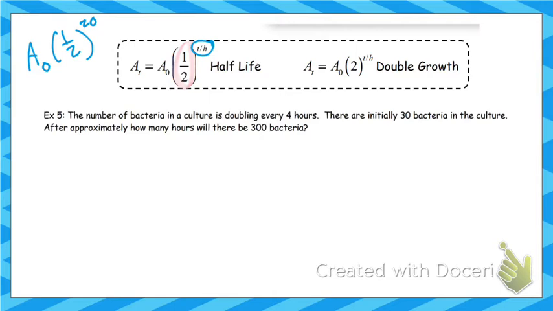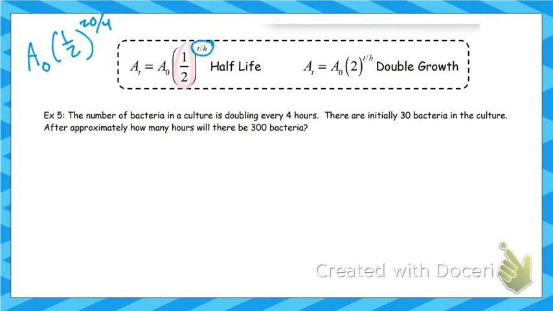Since that's not the case, I need to consider how many times that actually occurs. That's why I divide by what the actual half-life is. So if the half-life was 4 days, there would be 5 periods in which it would decrease by half. 20 divided by 4 gives me that 5, and that allows me to say 5 times I'm multiplying this by 1/2 and getting half the value.